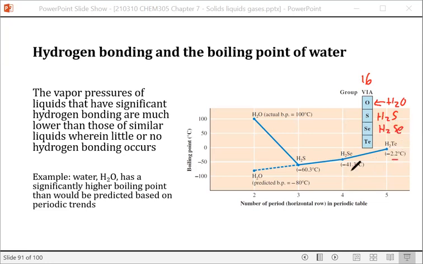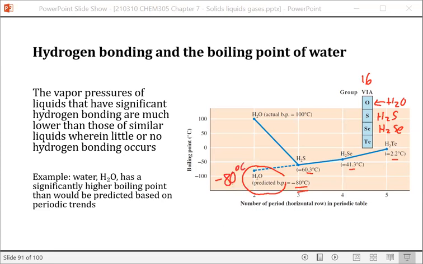If we track their boiling points, there's a pretty linear relationship going from beryllium to selenium to sulfur, with the boiling point decreasing as you move up the periodic table. The boiling point is decreasing as you move up the periodic table because the atoms are getting smaller. So the London dispersion forces are going down, which you would expect to give lower boiling points with weaker London dispersion forces. So the predicted boiling point of water would be -80.